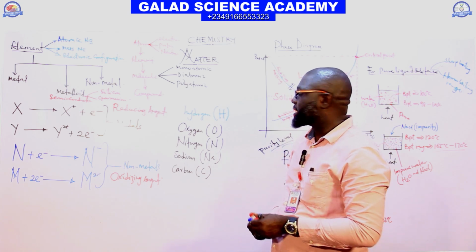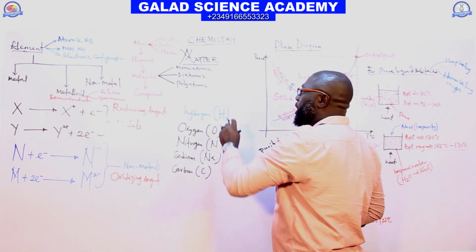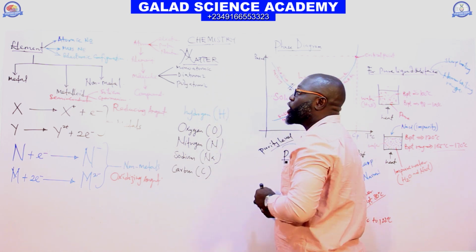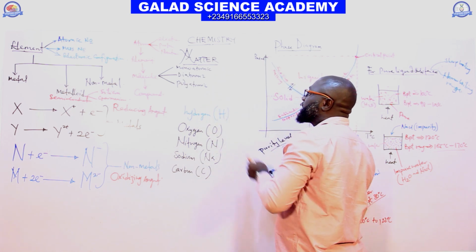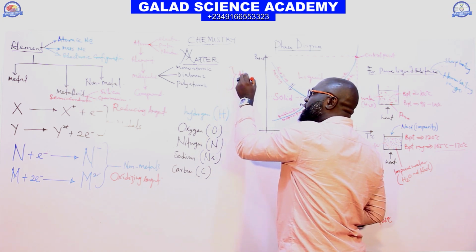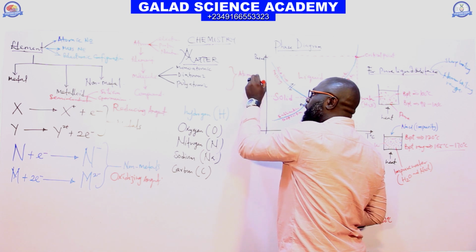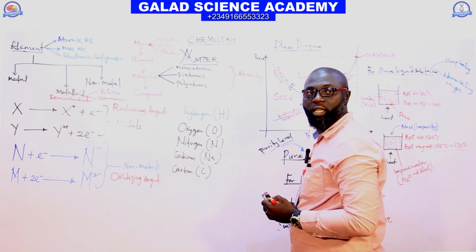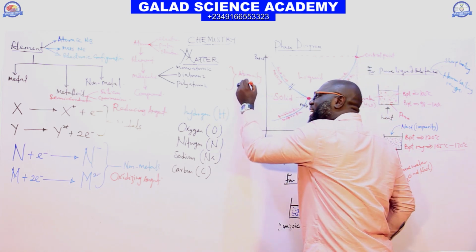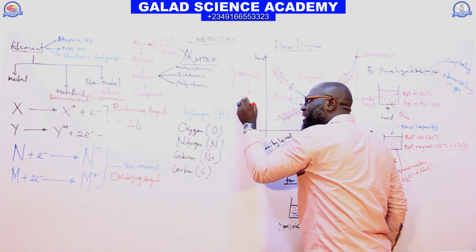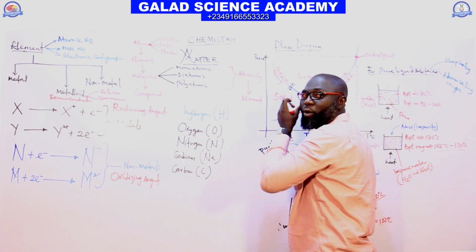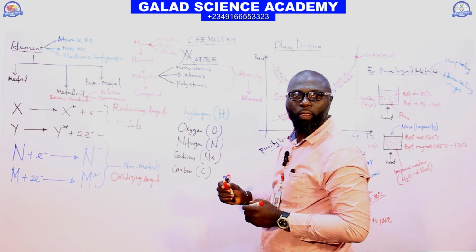The way we classify molecules into these three components is called atomicity. What is atomicity? Atomicity is the number of atoms present in a molecule.